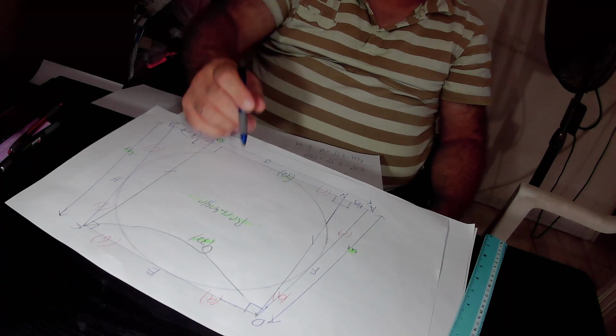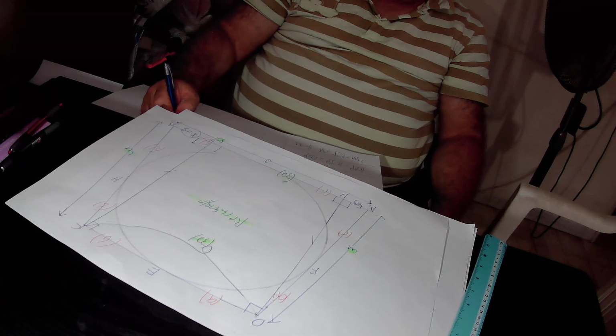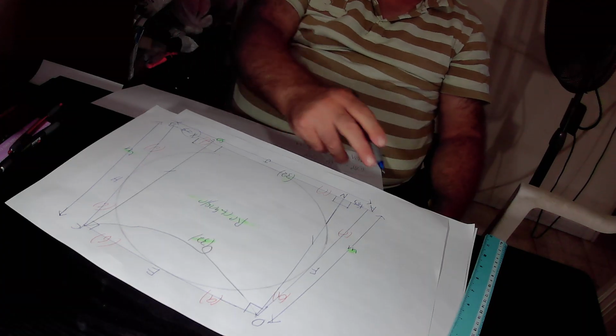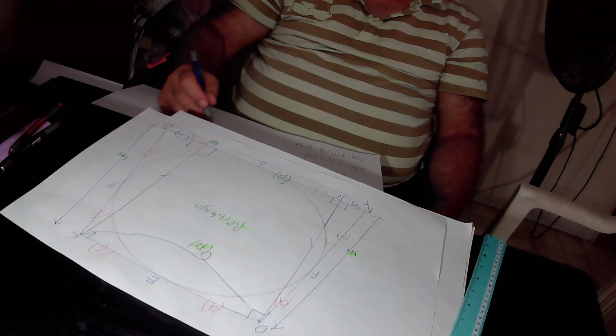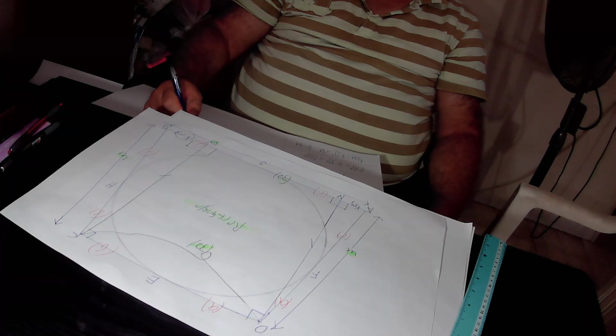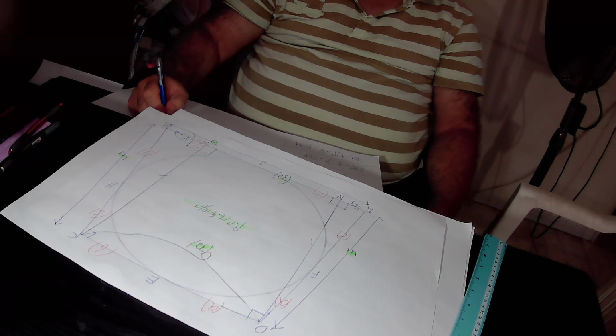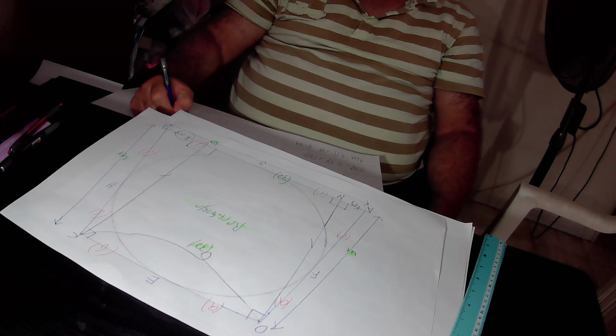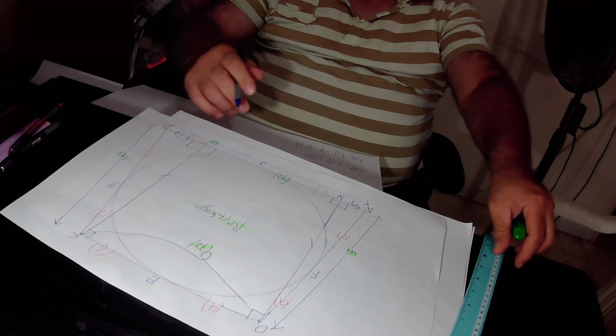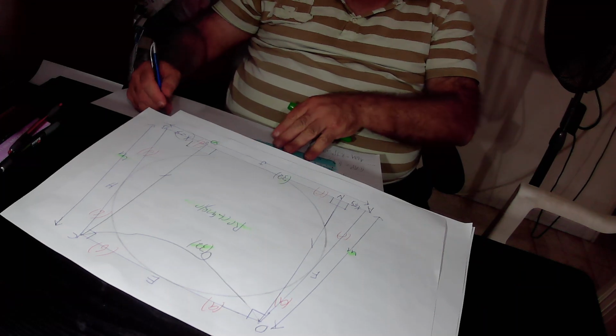This is 32. Plus AB. AB is 50. Times the height CJ. CJ is 40. Divided by 2.